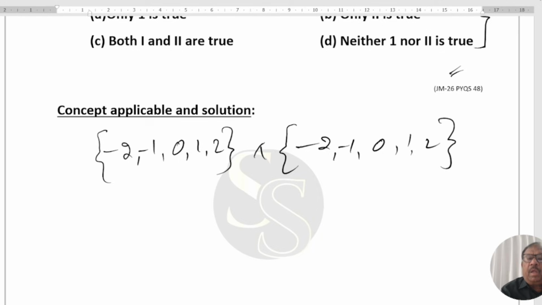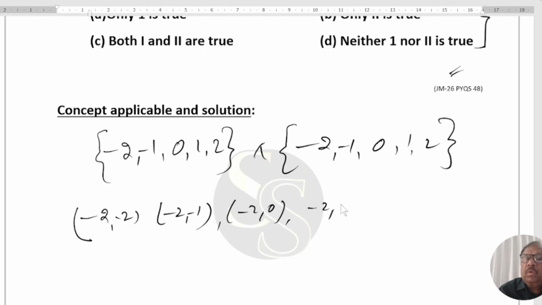Iska cartesian product banaya and pick up the pairs only which satisfy the condition. -2, -2, -2, -1, -2, 0, -2, 1 and -2, 2. Condition is 1 plus ab greater than 0.